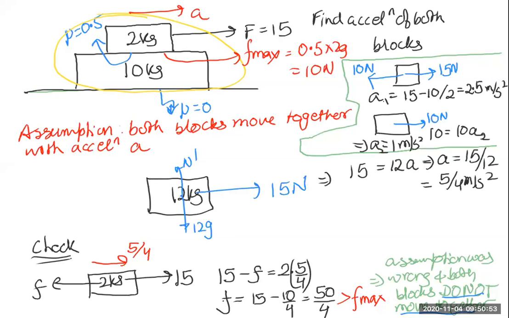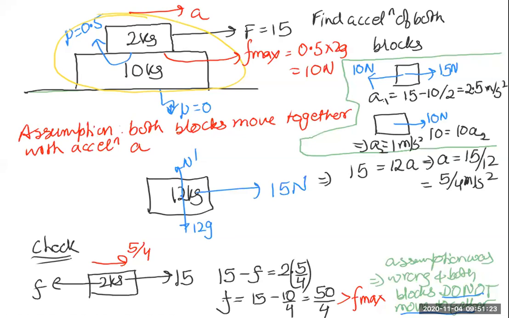If this friction is greater than the F max value, then your assumption is wrong and the two blocks are not moving together. In this case, you will draw the FBD of the two blocks again separately, and you will keep friction at its maximum value. Now there is no need to write F, now you directly write F max.